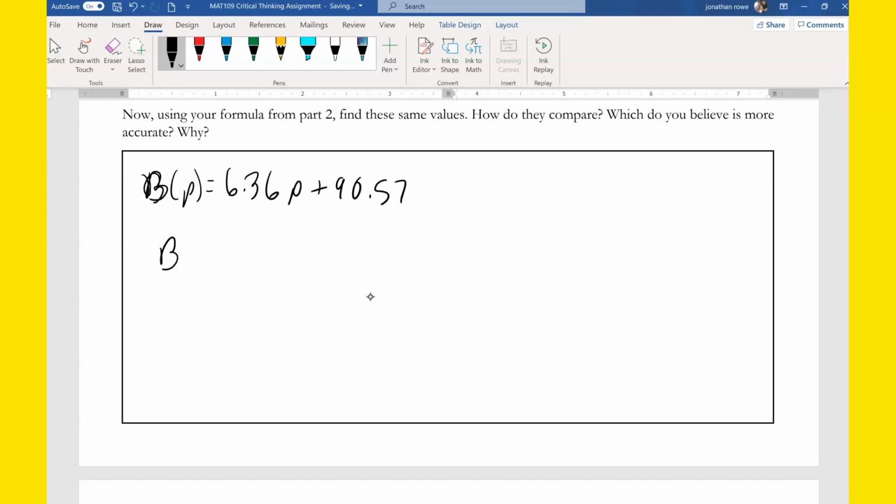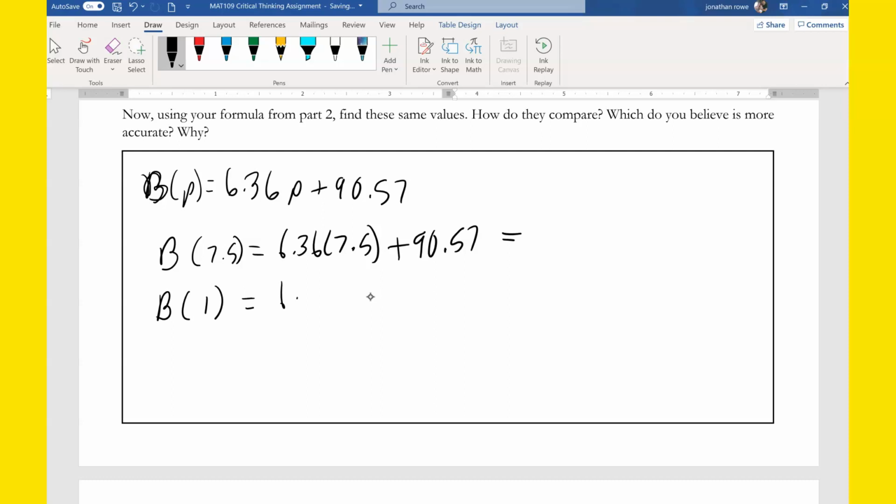So I'm plugging in 7.5, and I'm plugging in 1 to the equation that I got in part 2 instead of the one from part 3.